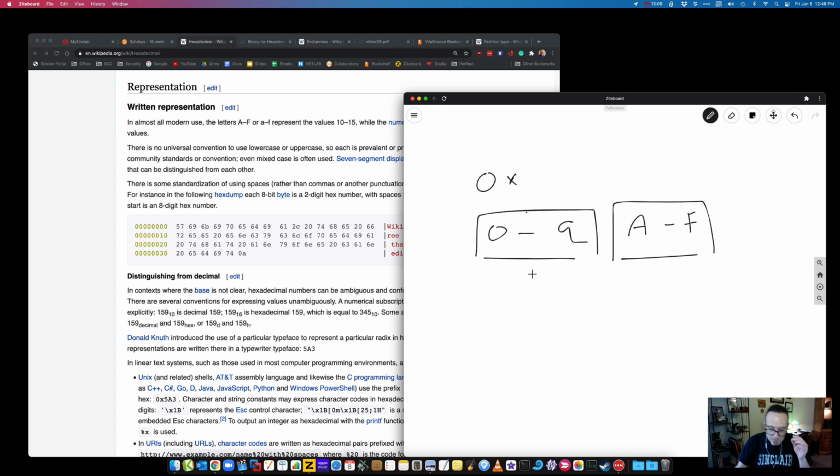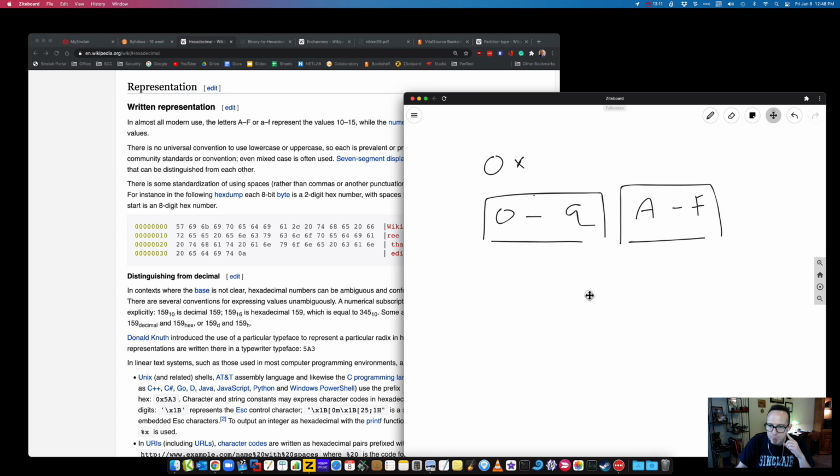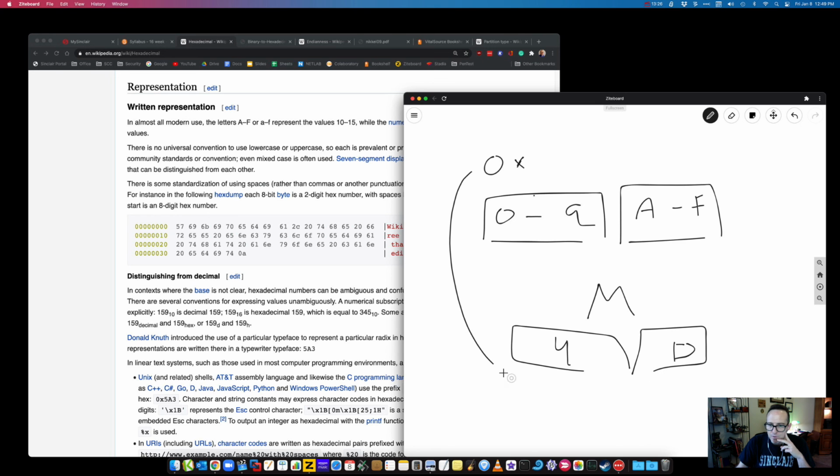As you saw before, uppercase M is, of course, 4D. So that's an example of that. And with the hexadecimal indicator there, we have 0x4D. So that should do it.